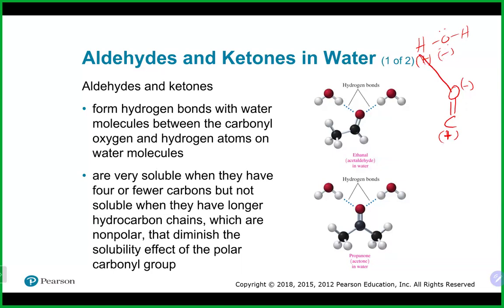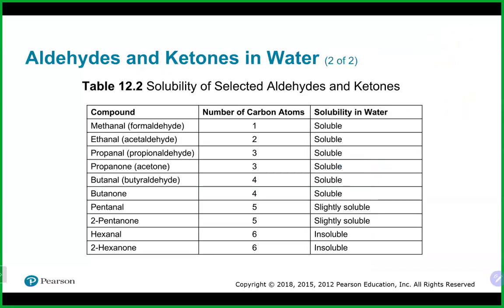So aldehydes and ketones are going to be soluble in water. Again, same sort of issue as long as they're not giant. So, I again say 4 carbons or less, you're going to be good in terms of the solubility. As you build out more carbons, like most things in organic, even something soluble is going to pretty much drop off and not be soluble, just because the non-polar part is bigger than the polar part, basically, and it makes it not able to really be soluble.